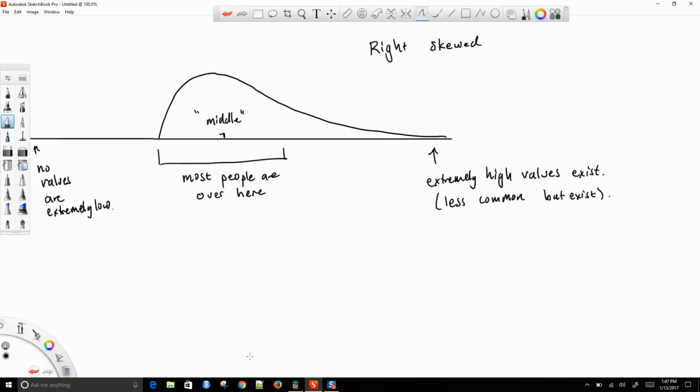All right, and so an example of something that is skewed right would be income distributions. We can probably say most people, probably 99% of people, make between $0 and $200,000 a year.